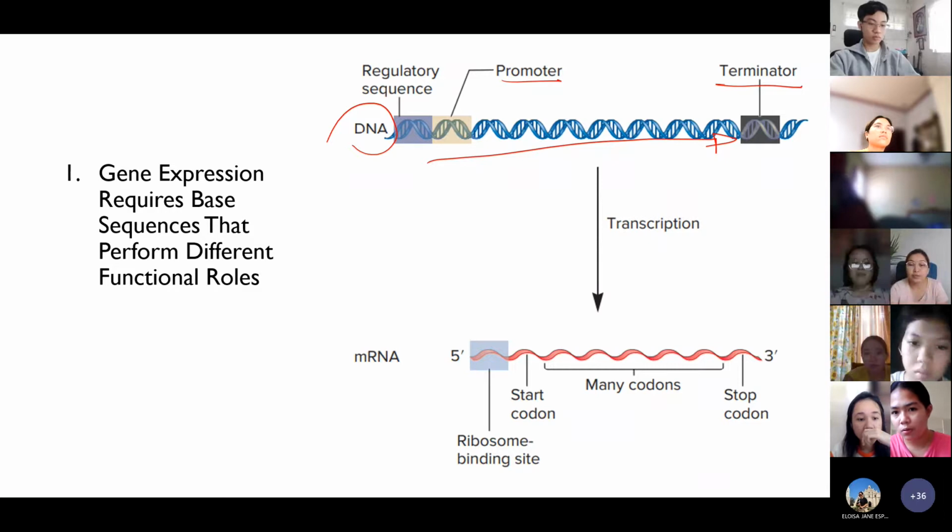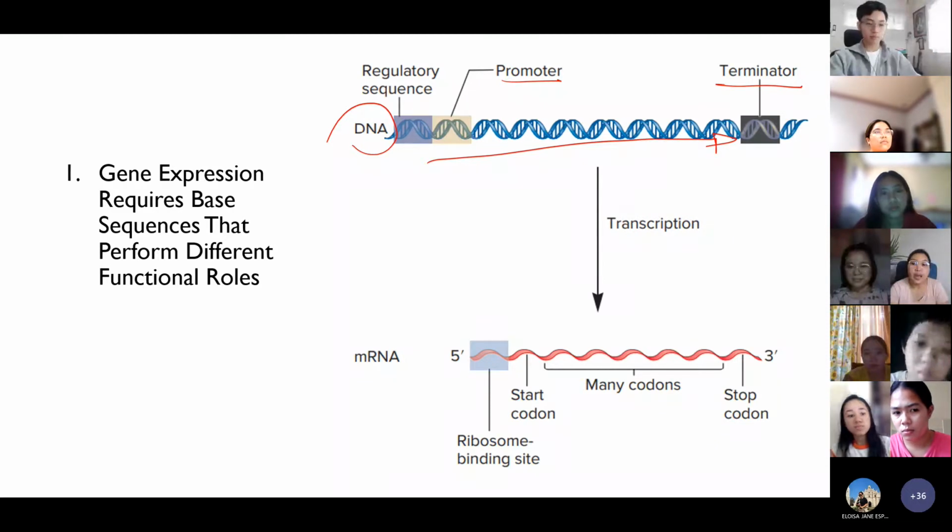For example, we have short DNA stretches which are involved in transcription regulation. Certain transcription factors would bind to the regulatory sequence to increase the rate of transcription, whereas in other cases, we have inhibition of the transcription process.